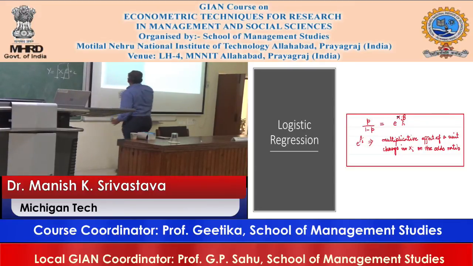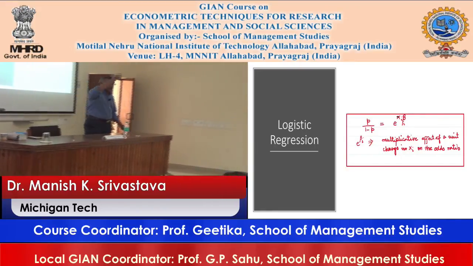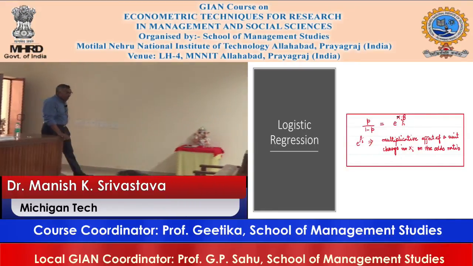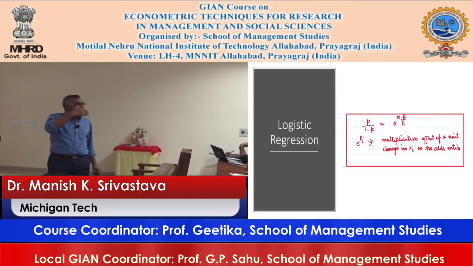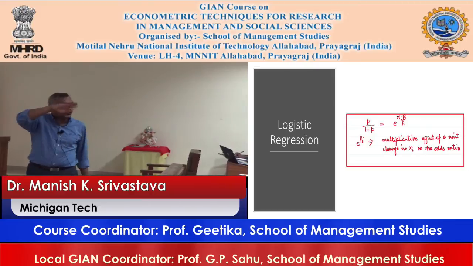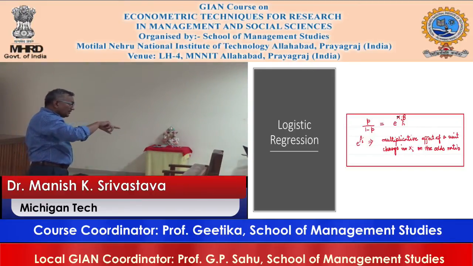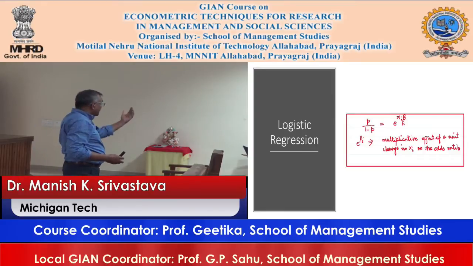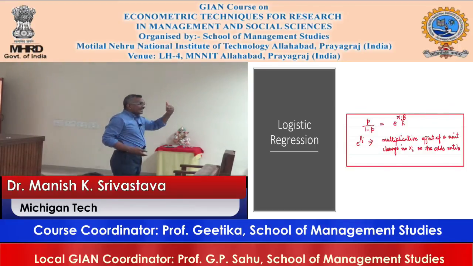In this one, the increase and decrease is being multiplied. So if the beta is more than 1, then the odds ratio is going to increase. If beta 1 is less than 1, say 0.9, then the odds ratio becomes 0.9 of what it was.